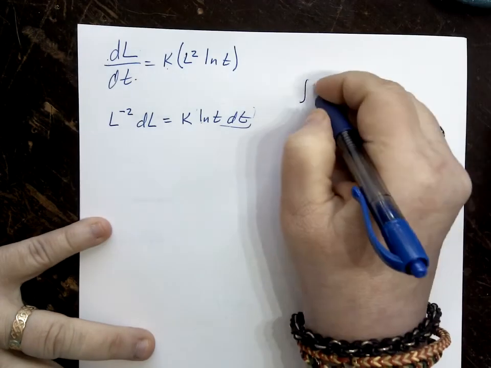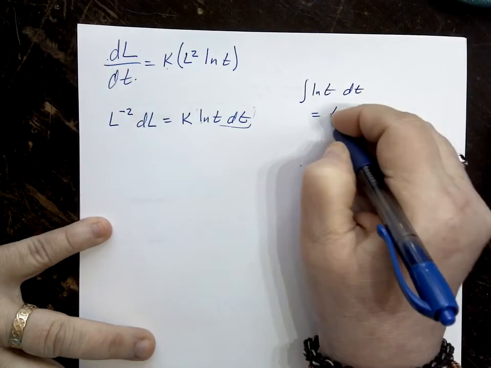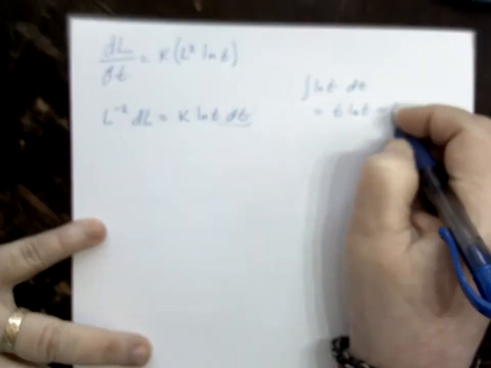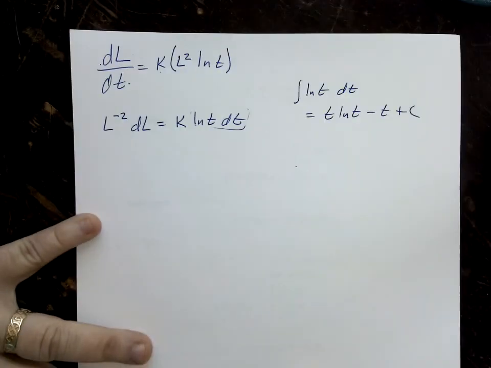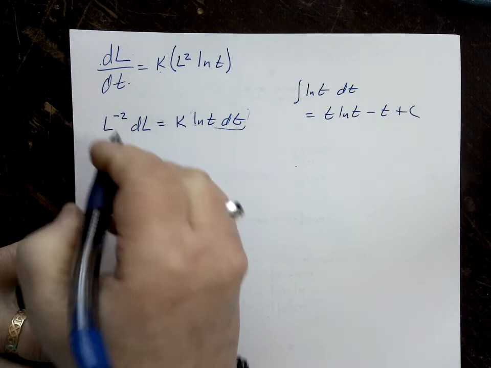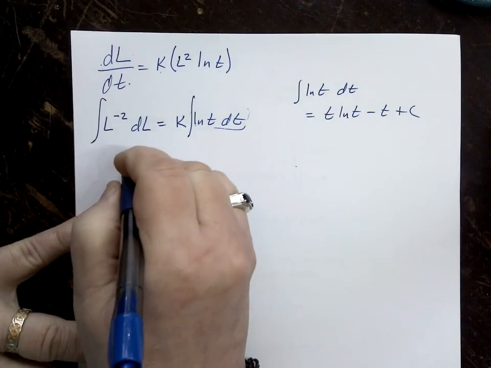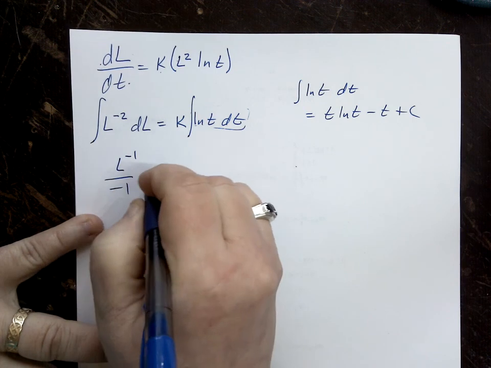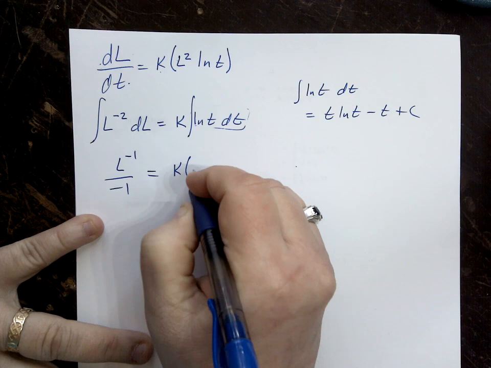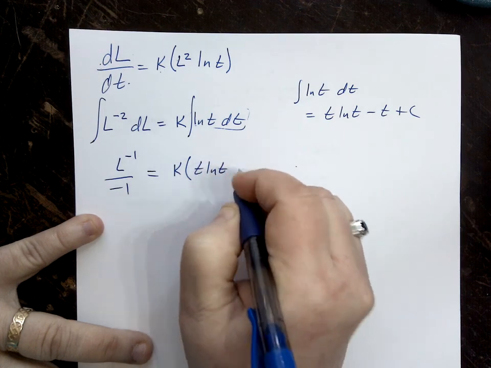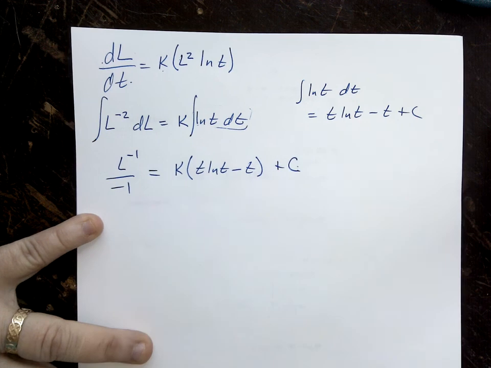And the integral of the natural log of t dt is equal to t natural log of t minus t plus some arbitrary c. I don't really want to do by parts here since we've done this one so many times. So, integrating both sides, I get L to the negative 1 over negative 1 equals, same thing, k times t natural log of t minus t plus c tacked on the end.